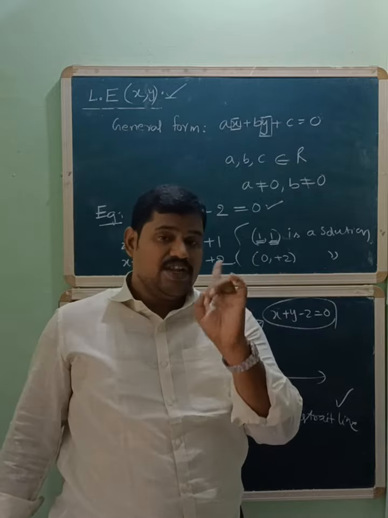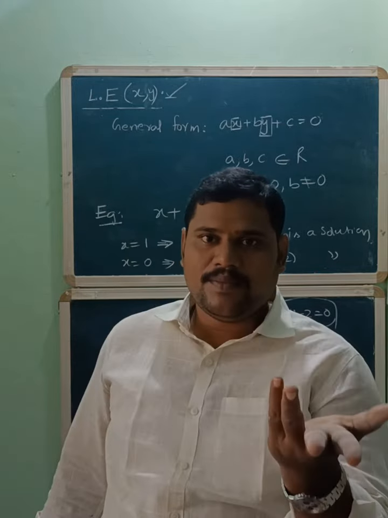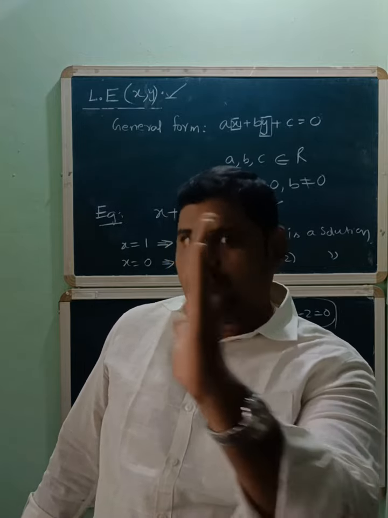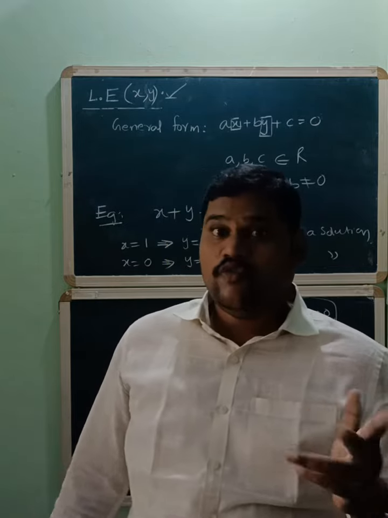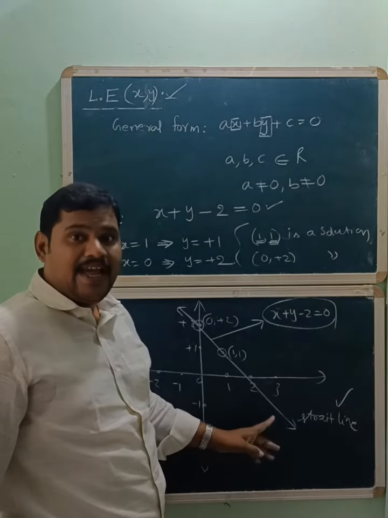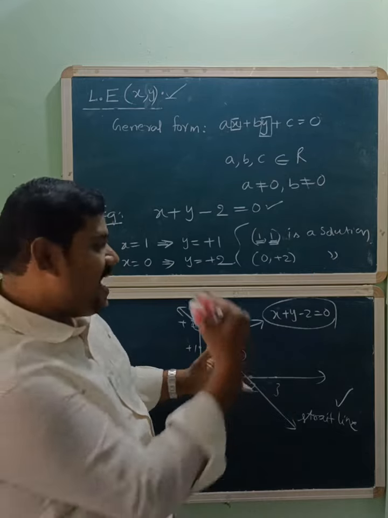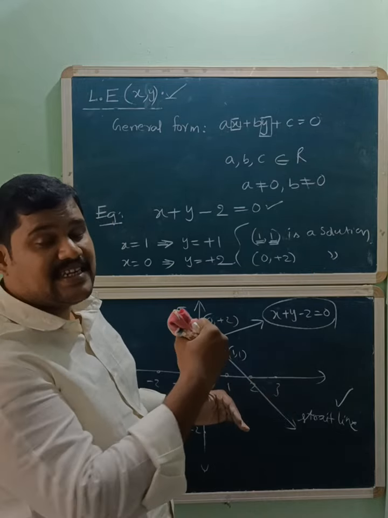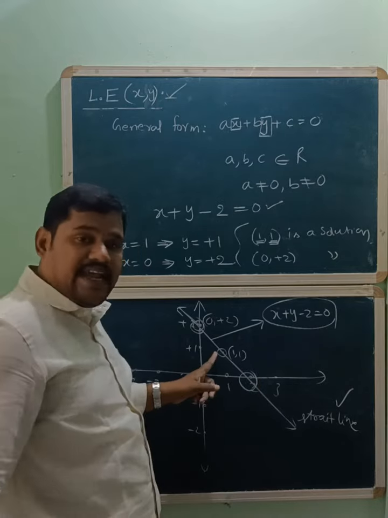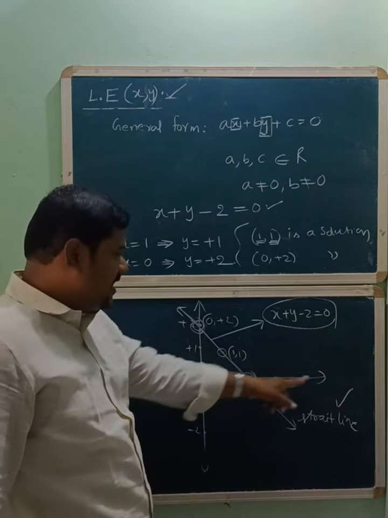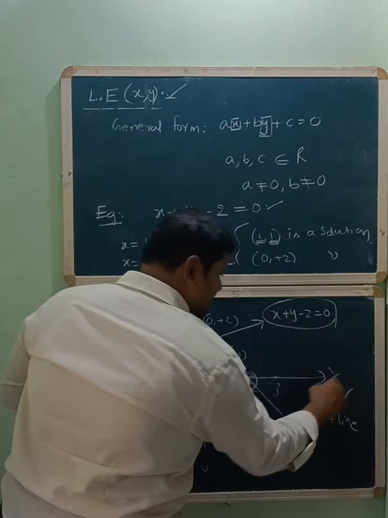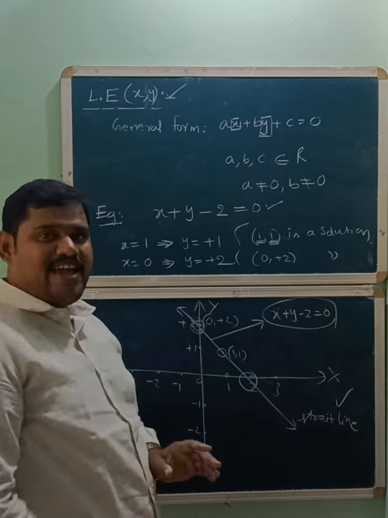In the previous one, linear equation in one variable, the shape was also a straight line, but parallel to the y-axis. Here it is also a straight line, but it intersects the axes at two points. This line crosses the x-axis as well as the y-axis.